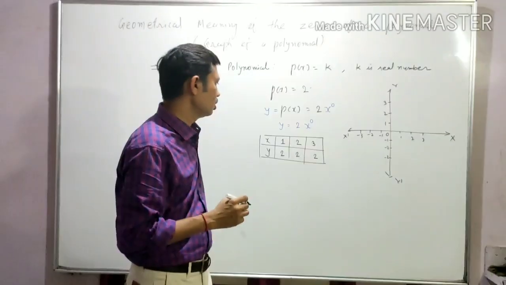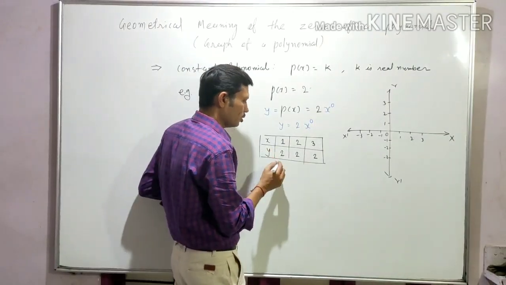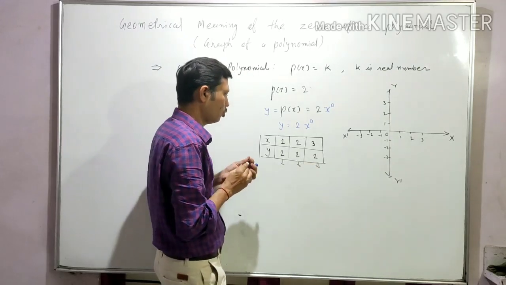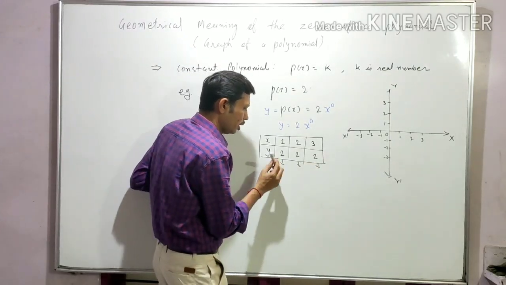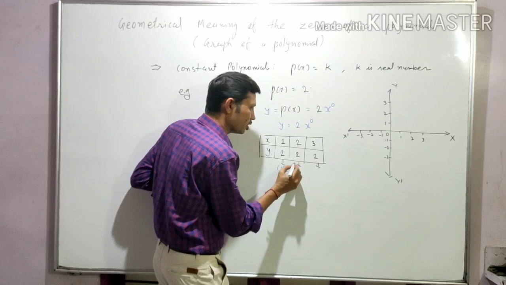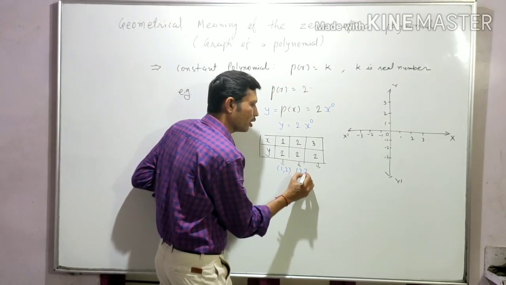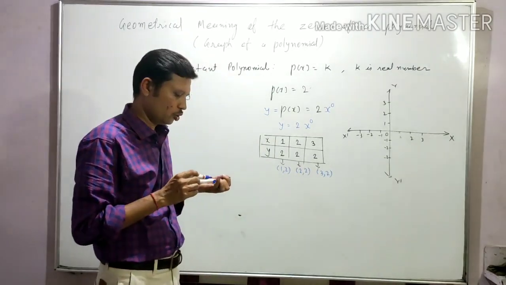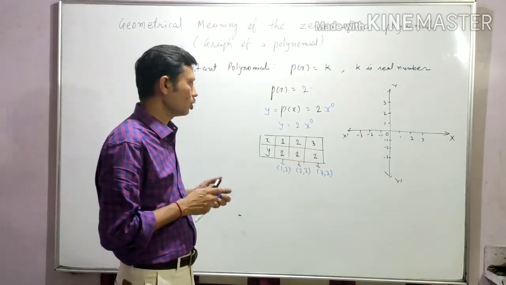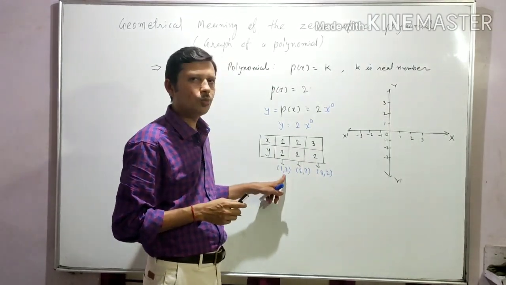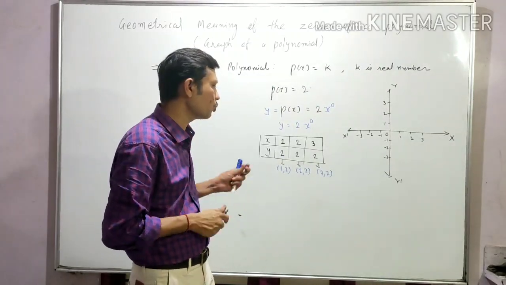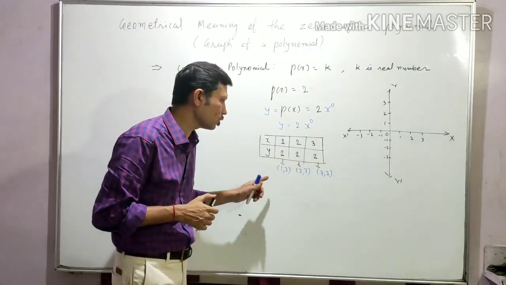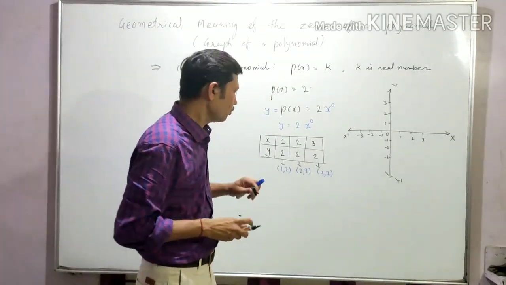Okay, now see the first point. What points can we write down? The x coordinate is 1, y coordinate is 2; x coordinate is 2, y coordinate is 2; x coordinate is 3, and y coordinate is 2. Now see this first point, both the coordinates are positive, so this point comes in the first quadrant. If x and y both coordinates are positive, this point comes in the first quadrant.